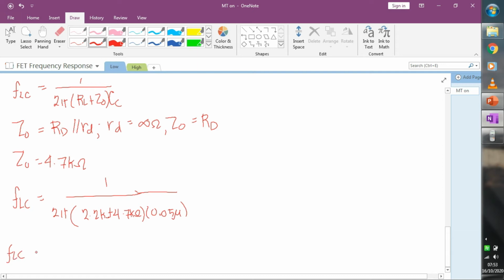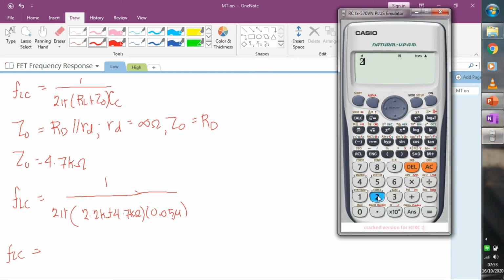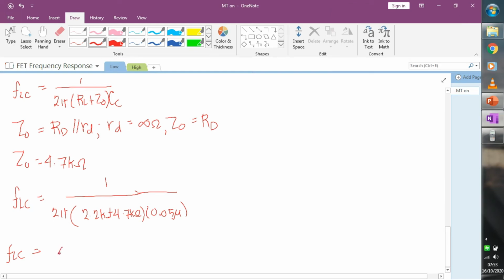So FLC or FLD is equal to 461.3189 hertz.